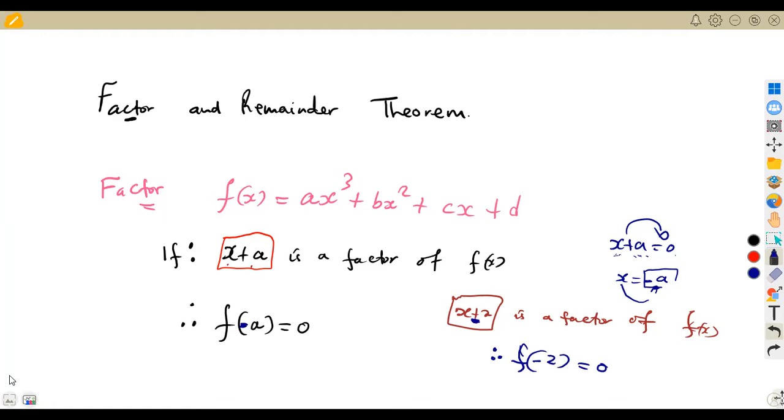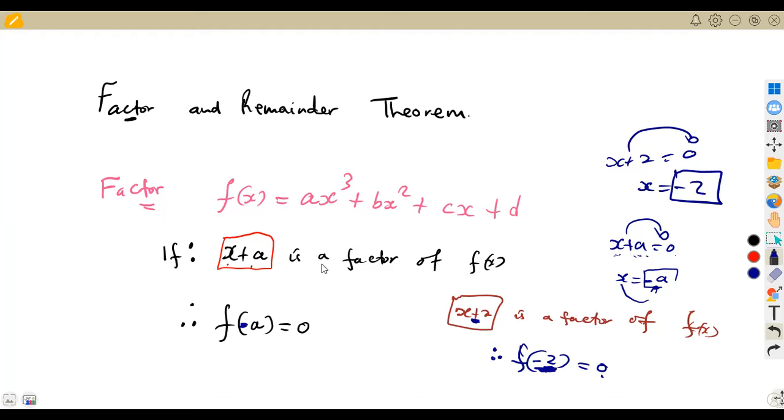What is important is you can simply equate x plus 2 to 0 so that you know the value you are going to use. By equating, you obtain x equals minus 2. Meaning the value of x here is the one you substitute into the expression.